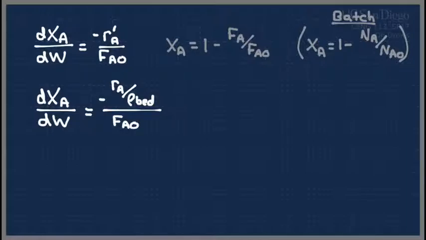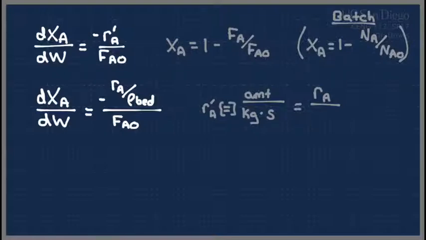The reason that we can get away with this, and this is unique to packed bed reactors, we haven't seen anything like this prior. The rate RA prime, remember, has units of something like amount, so a mole or a kilomole, per mass of catalyst, so kg dot second. And so the conversion factor that we saw between the two of those was that this is equal to the same old RA that we have seen before, divided by rho bed.